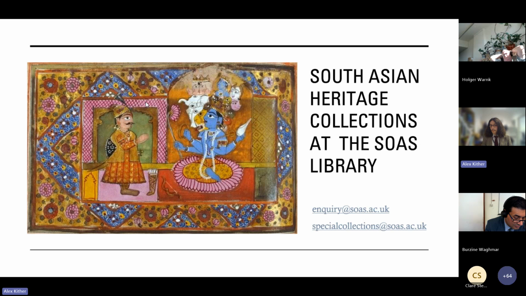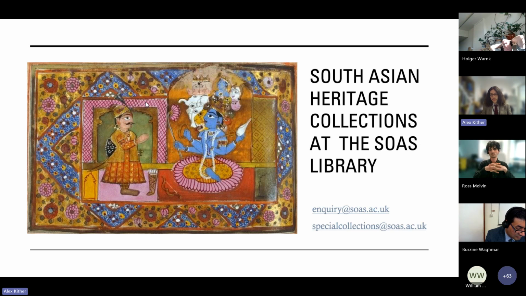But as a consequence of its formation and the history of the institution, much of our collections, particularly our special collections, have a large amount of South Asian materials in various different forms from various different periods of history in the regions as well. So hopefully we'll cover a few of the main areas in the collection today, as well as providing a general overview.